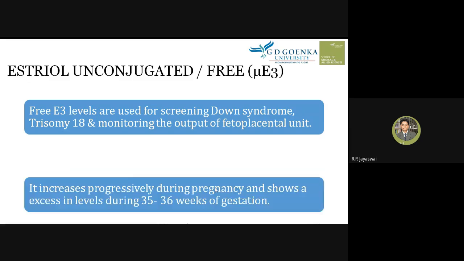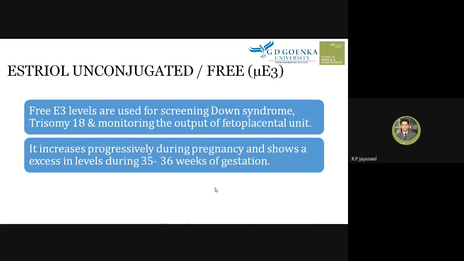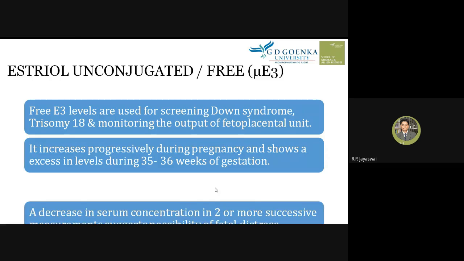It increases progressively during pregnancy and shows excess levels during 35 to 36 weeks of gestation. So it has been observed that the value of estriol increases progressively during pregnancy, and the excess levels are found during the 35 to 36 weeks of gestation.